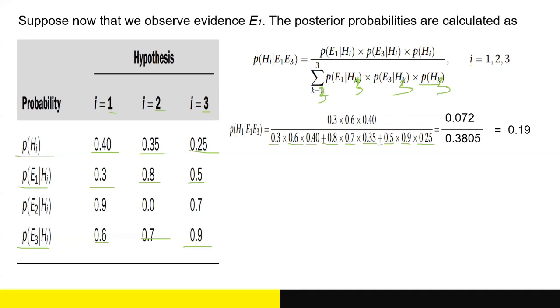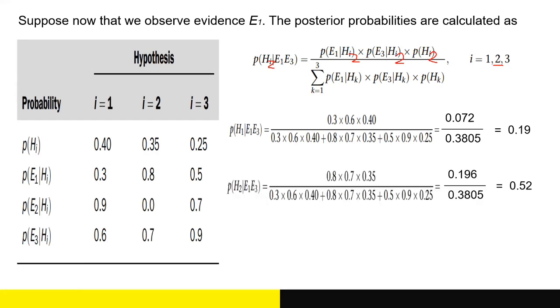And then our index i now is 2. So the probability of hypothesis 2 given evidence 1, evidence 3 is equal to the probability of evidence 1 given hypothesis 2. So our i is equal to 2.